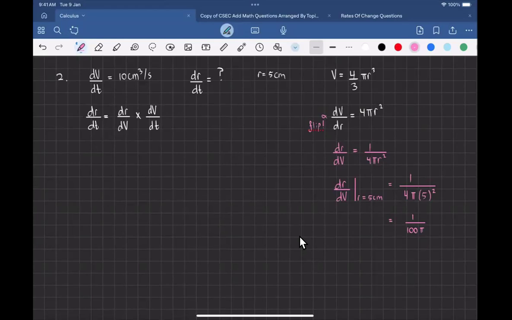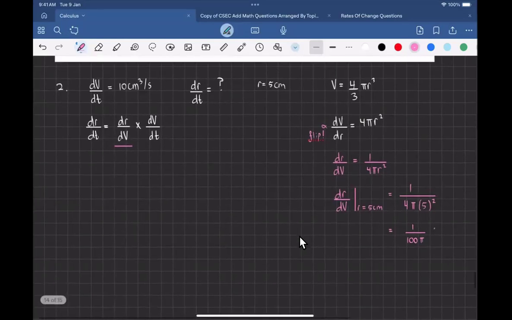So what is centimeter over centimeter cubed? I think minus 2. That's correct.